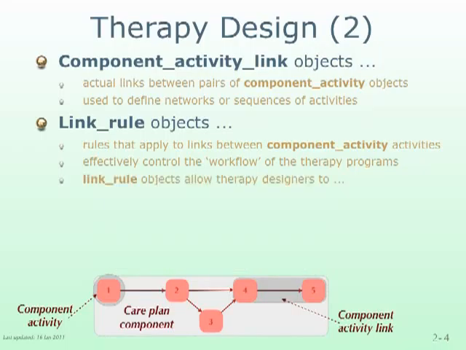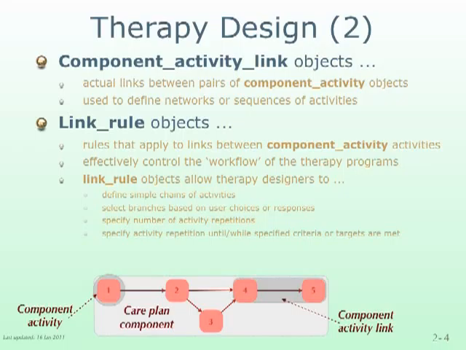The link rule data object allows a therapy program designer to define simple workflows consisting of a chain of activities, or to select particular branches in the workflow based on the stroke survivor's choices or responses, or to specify the number of activity repetitions before the next activity is commenced, or specify activity repetition until or while specified criteria such as performance targets are met or not met.